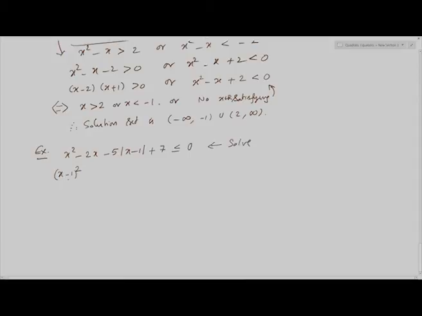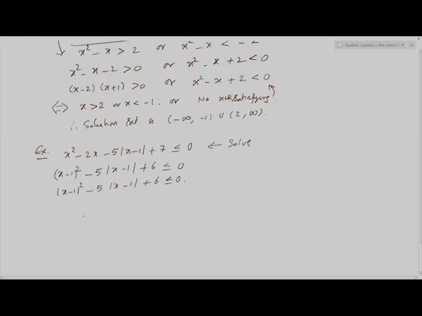I am writing x minus 1 whole square, then the inequality becomes minus 5 times modulus of x minus 1 plus 6, because already 1 is here, less than or equal to 0. Remember, I can write x minus 1 whole square as modulus of x minus 1 whole square, minus 5 times modulus of x minus 1 plus 6 less than or equal to 0.